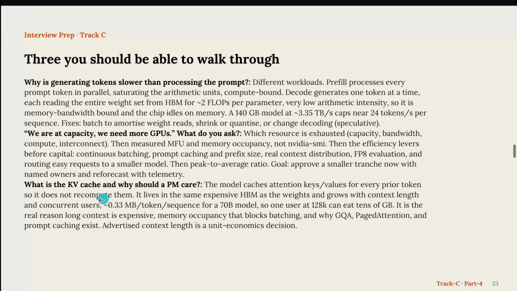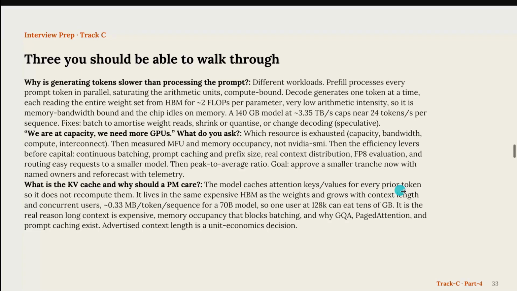This lives in high bandwidth memory, and it grows with the context length and concurrent users. That's why grouped query attention, paged attention, and prompt caching exist to solve that problem.